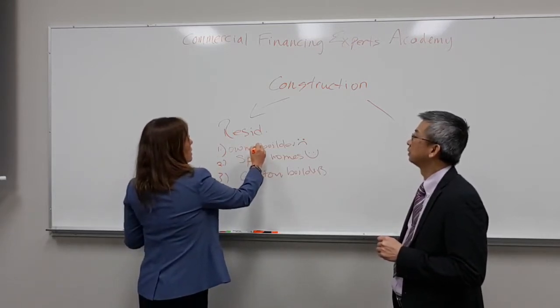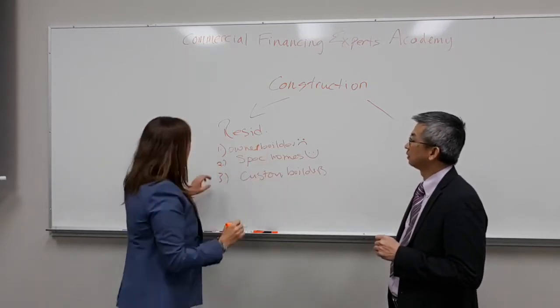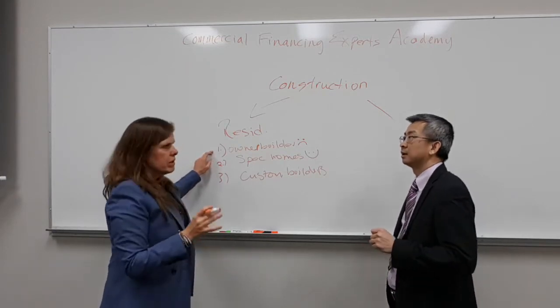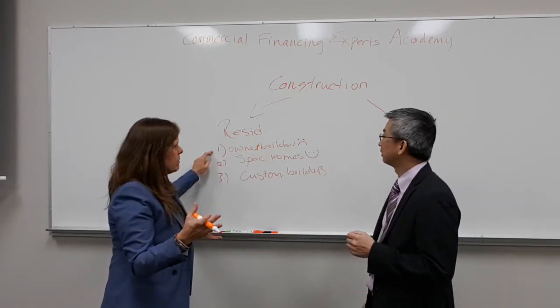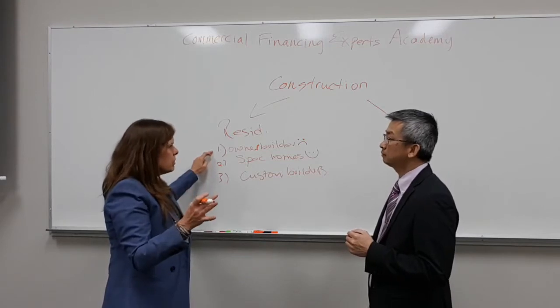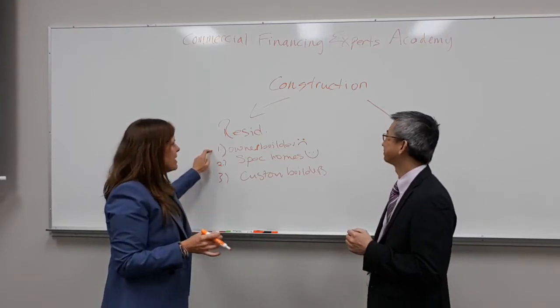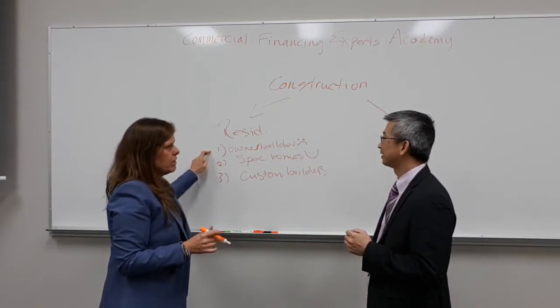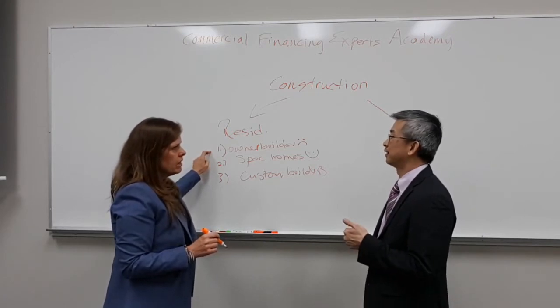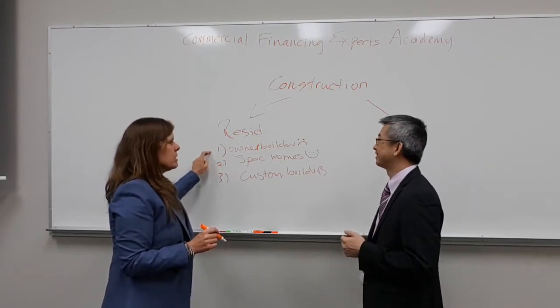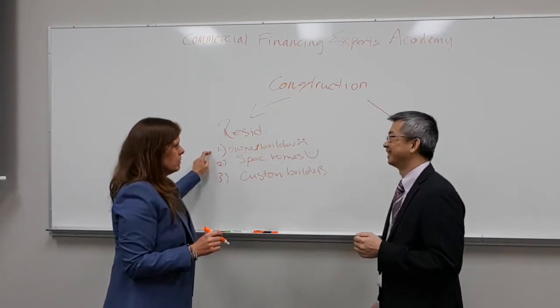They're not hiring a contractor. A lot of these people are in the trade, and they know what they're doing, most of them. But you get into a lot of trouble with these ones. They're really hard to finance. Cost overruns, permits, they don't always follow the rules.